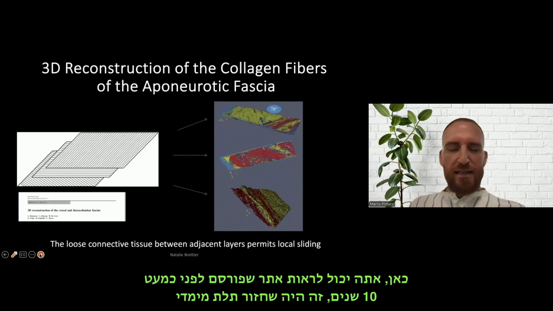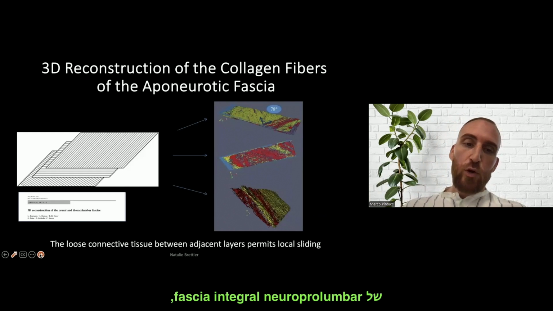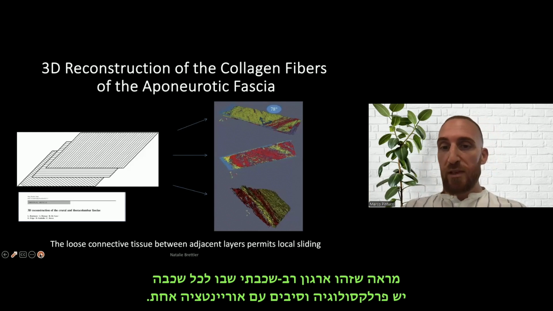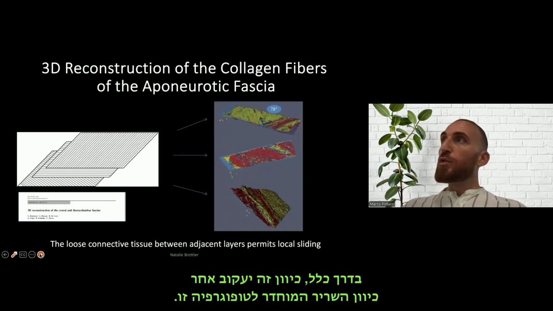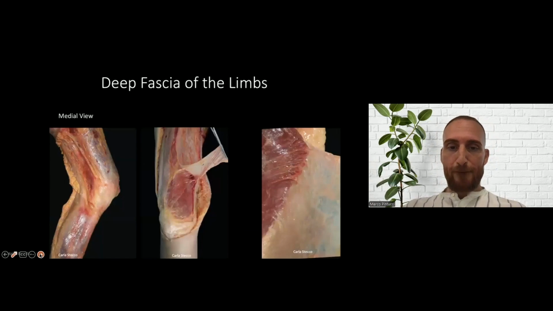Here you can see a study published almost 10 years ago, a 3D reconstruction of the thoracolumbar and crural fascia, showing a multi-layer organization where each layer has parallel collagen fibers with a single orientation. Usually this orientation follows the traction of the muscles inserted in this aponeurotic fascia.